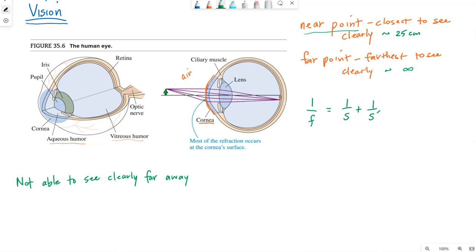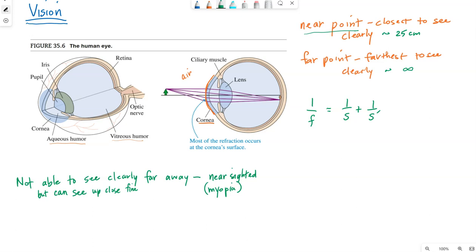I won't be able to read the room numbers from far away. If I am not able to see clearly far away but can see up close, fine. We call this nearsighted. Another term for nearsighted is called myopia. Just in case you care, you don't need to remember these words.